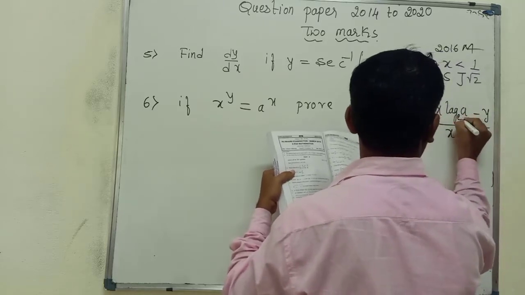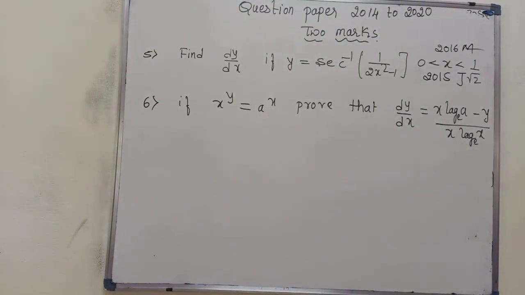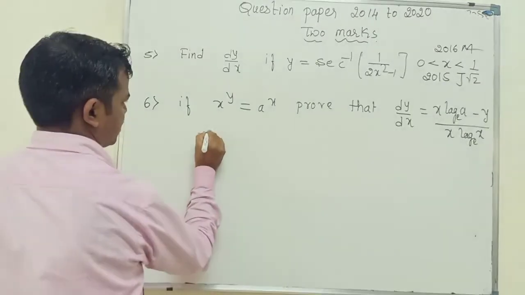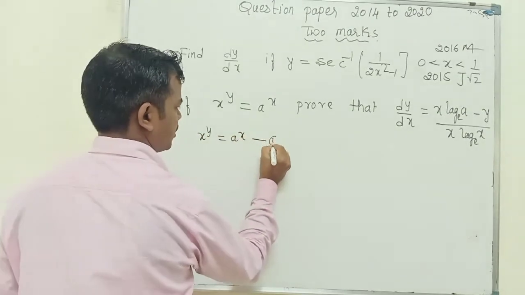So if nothing is there, that is base e. So for this problem, what we have is x raised to y is equal to a raised to x. Let me name it as 1.